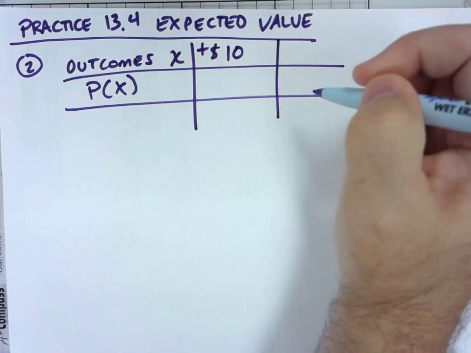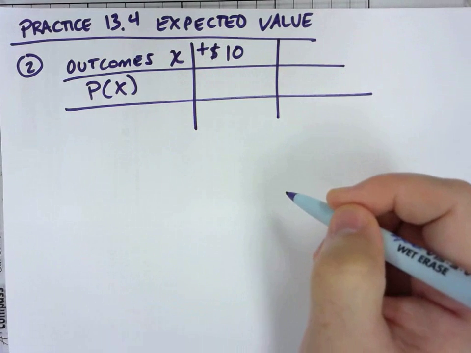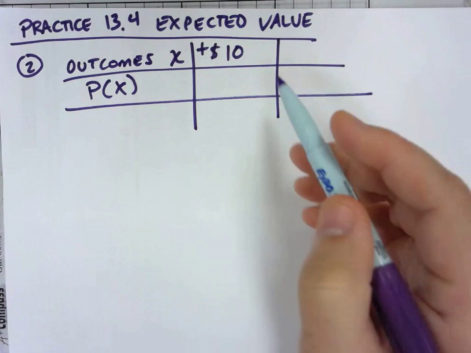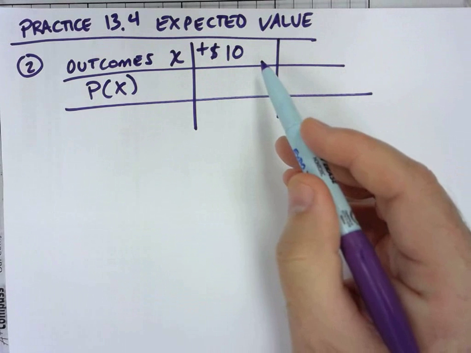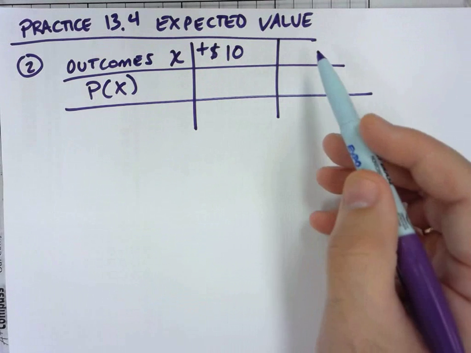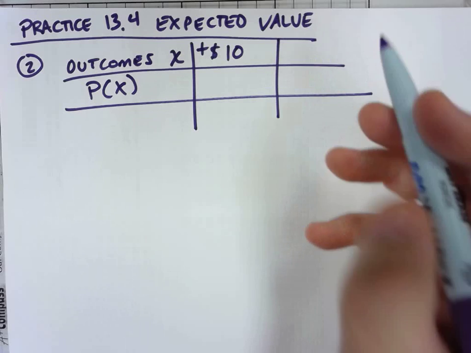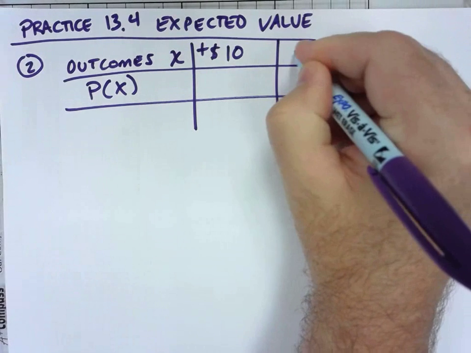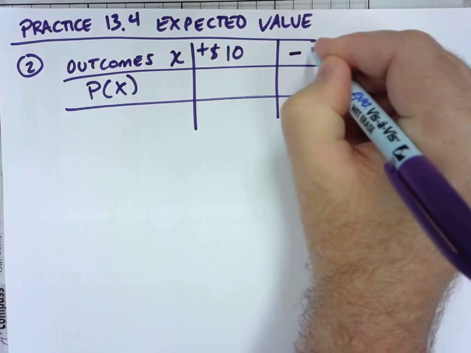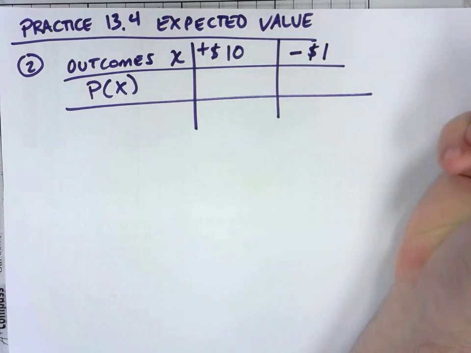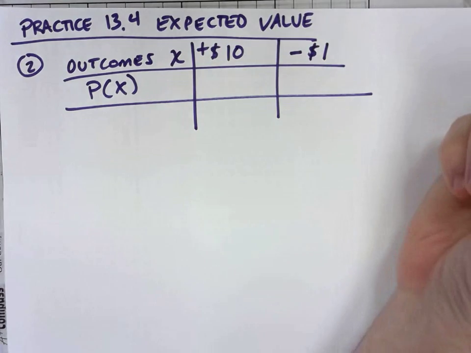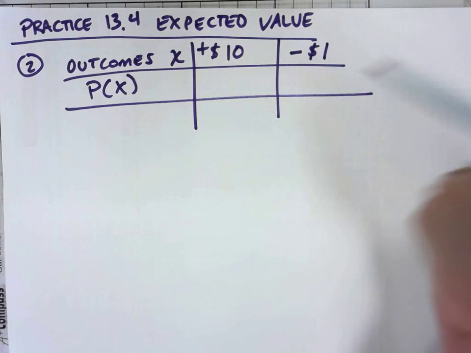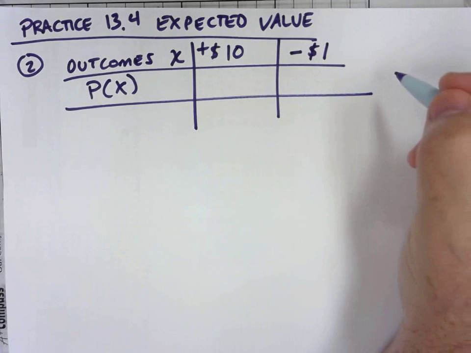So you get plus $10 if you win, and then you get what if you lose? You lose $1 otherwise. So maybe you're having to pay $1. But that's not how they're setting the problem up. They're just saying you lose $1. Because there's a different way to handle it if you're paying to play, okay?